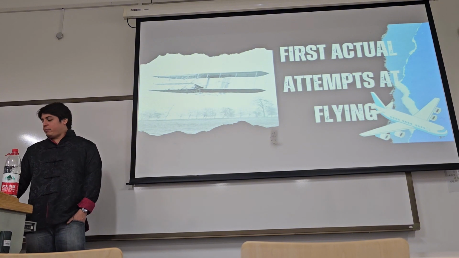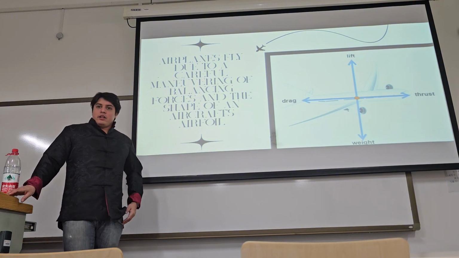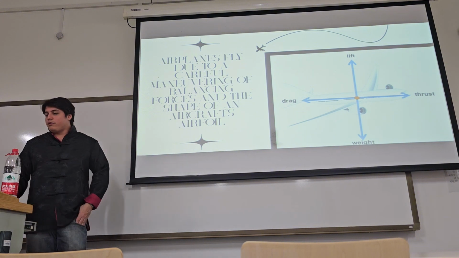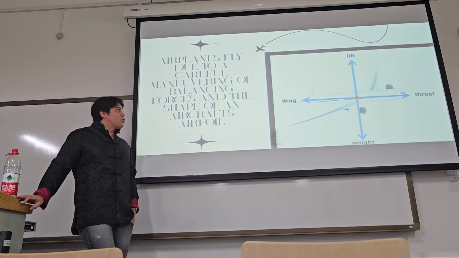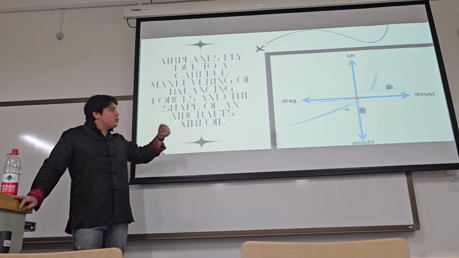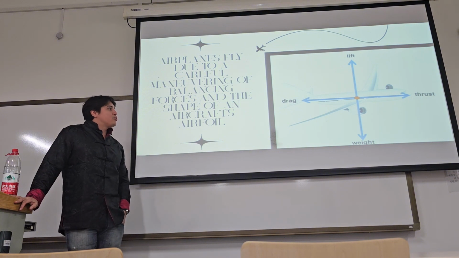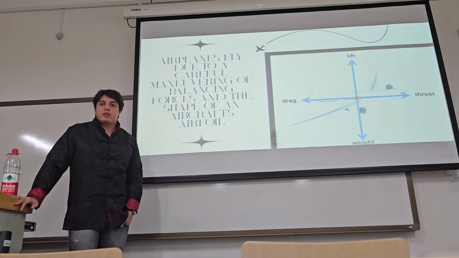How do airplanes fly? Well, as we already mentioned, they fly due to a careful maneuvering of balancing forces and the shape of an aircraft's airfoil. You can see the four balancing forces here: the lift that goes up, the weight that goes down, the thrust that goes forward, and the drag that goes back.